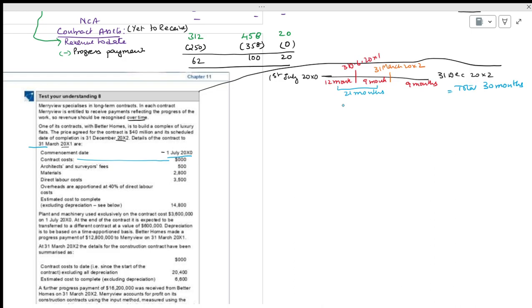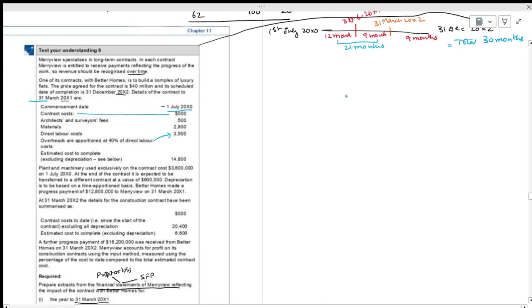Overheads is 40% of direct labor; we have to take 40% of this. Estimated cost to complete 14.8. Plant and machinery used exclusively on the contract is 3 million, 3.6.